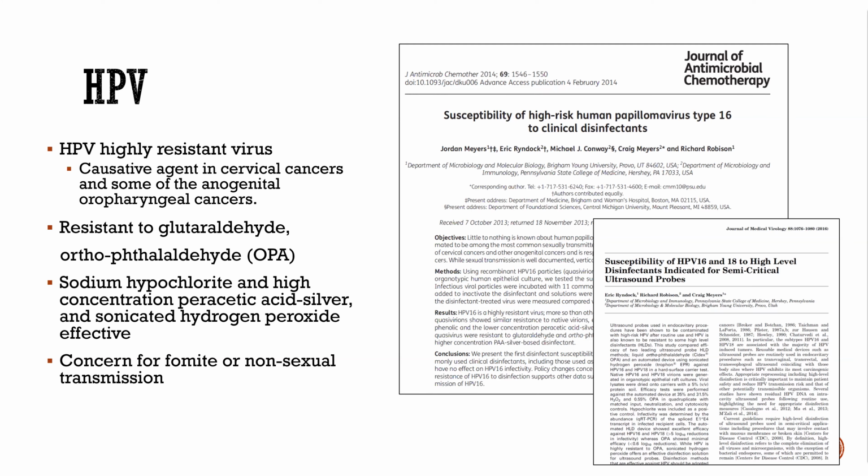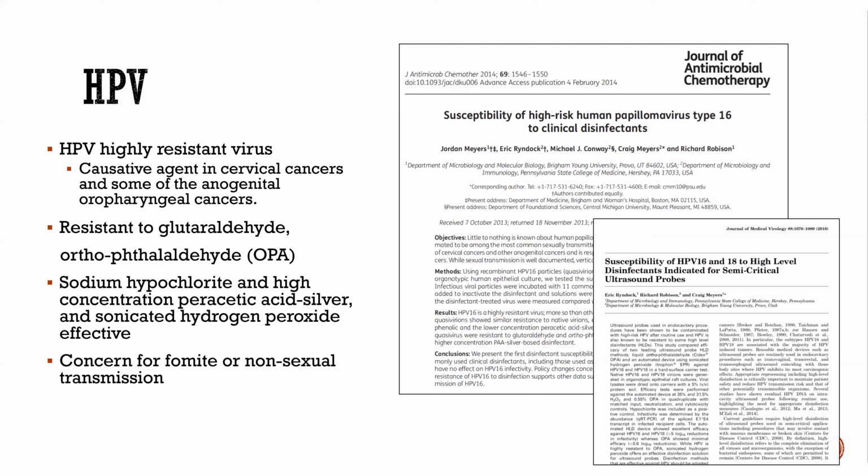So HPV is a causative agent in cervical cancers, but it's also associated with cancers related to anogenital and oropharyngeal cancers. So it's not just vaginal probes that are at risk. And again, just recognizing that some of the other types of disinfecting agents are more effective.